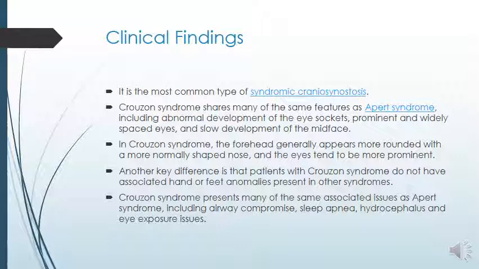In patients with Crouzon syndrome, the forehead generally appears more rounded with a more normally shaped nose, and the eyes tend to be more prominent. Another key difference is that patients with Crouzon syndrome do not have associated hand or feet anomalies as they do in other syndromes, including Apert syndrome.